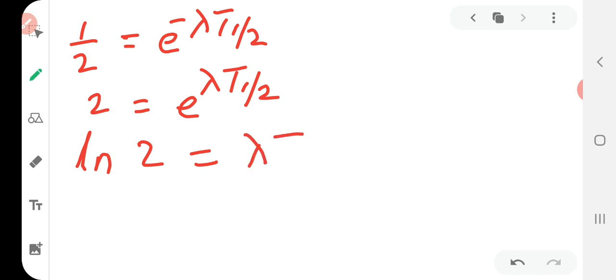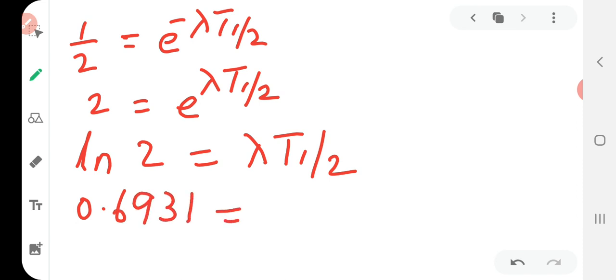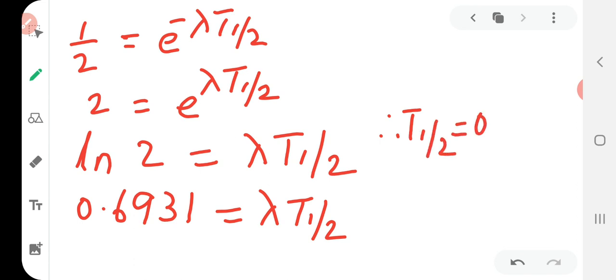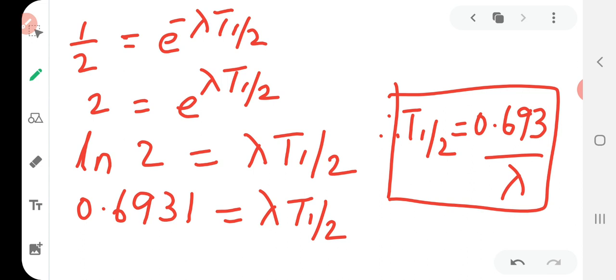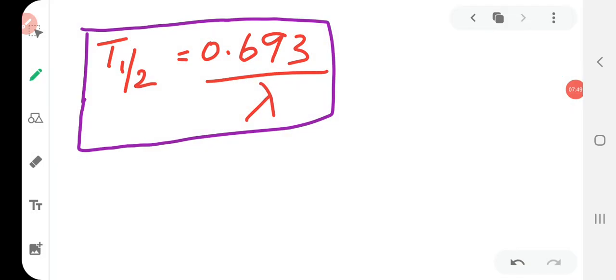And the value of ln 2 or log to the base e of 2 is 0.6931. It is equal to lambda t half. Therefore t half is equal to 0.693 by lambda. This is the equation for half-life period. So the final expression for half-life period T half is 0.693 by lambda.